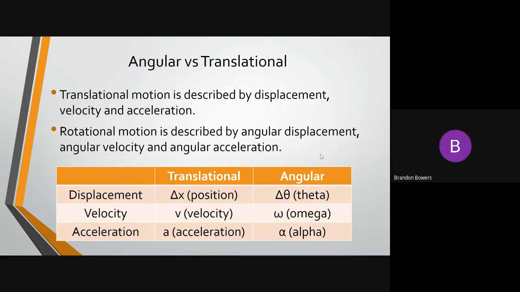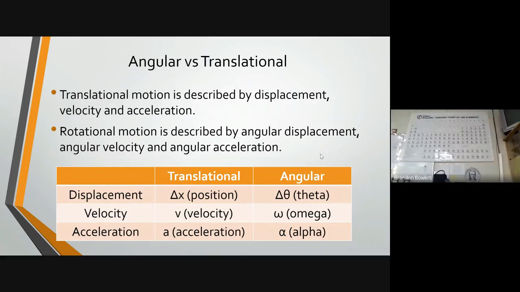We know displacement's x, velocity's v, acceleration is a. But when we're talking about angular, we're going to use different terms: theta, omega, and alpha. But they mean the same things as position, velocity, and acceleration. How cool is that?